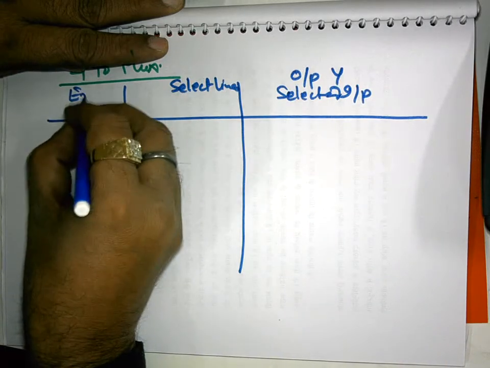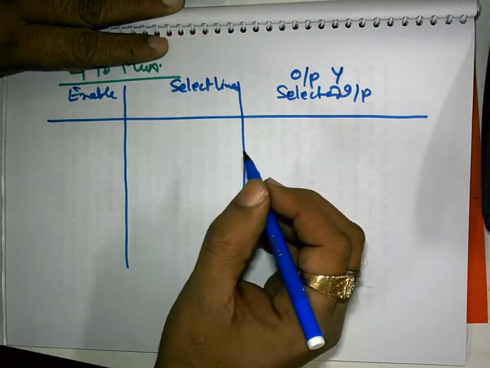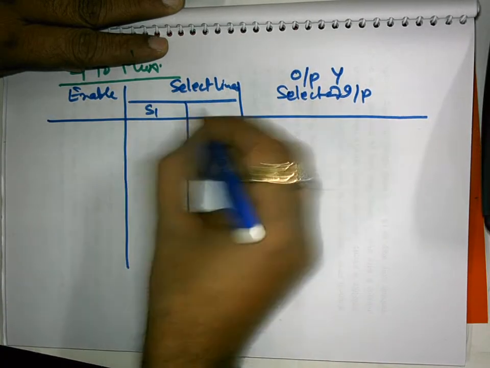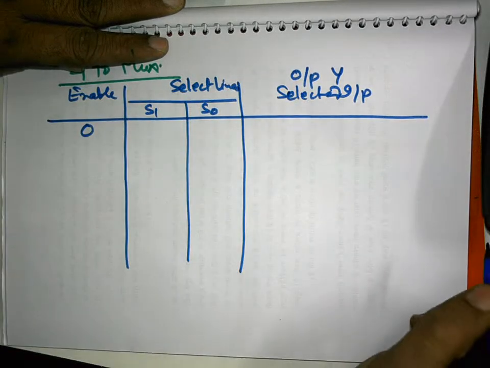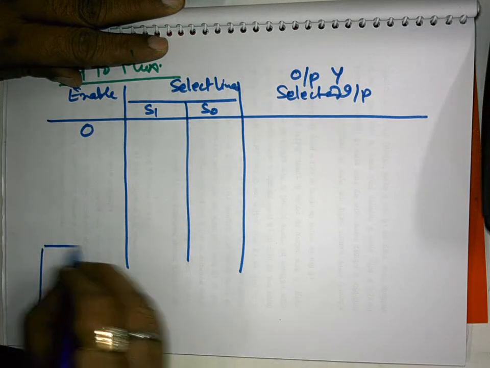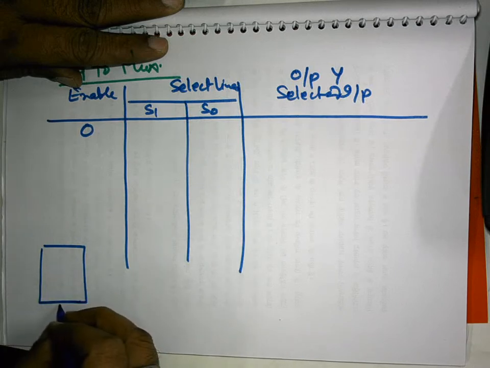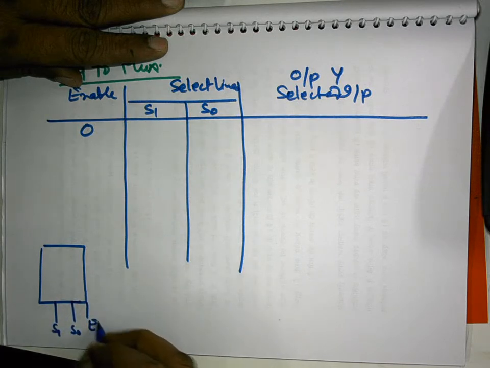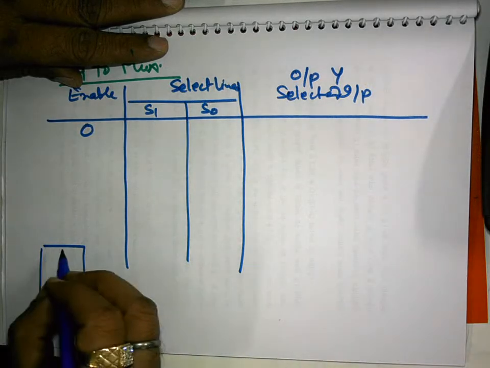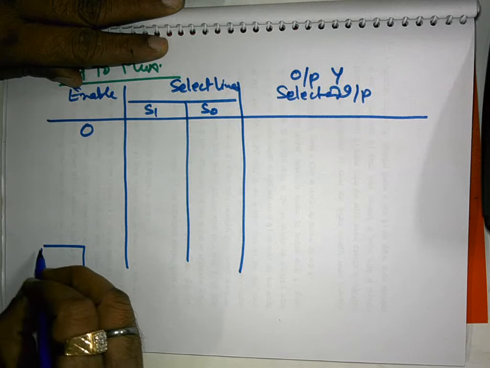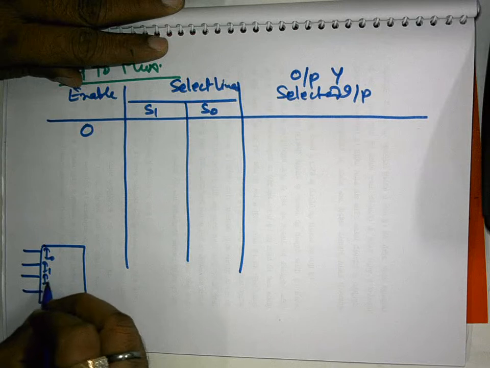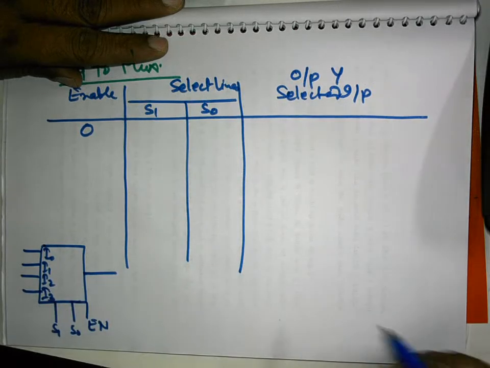We also have an enable input. We have two select lines, S1 and S0, and one enable line, and naturally, since there are two select lines, 4 inputs I0, I1, I2 and I3, and Y is the output.